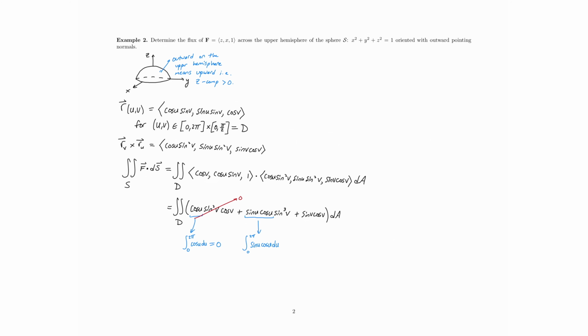What we could do here is let's say we could let w equal sine of u, then dw would equal cosine of u du, and then w of 0 is sine of 0, which is 0, and w of 2 pi is the sine of 2 pi, which is 0.